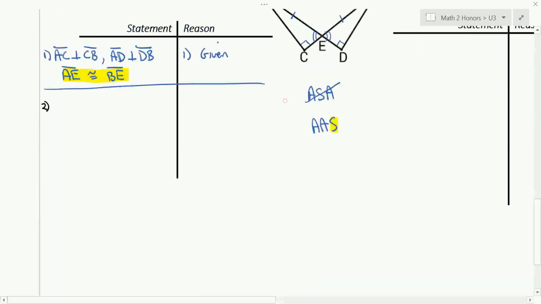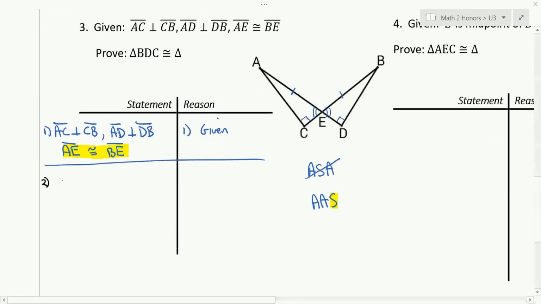So if we want to do that, here's what we do. We write angle C and angle D are right angles. And the reason is the definition, that's what it means to be perpendicular. The definition of perpendicular is our reason.